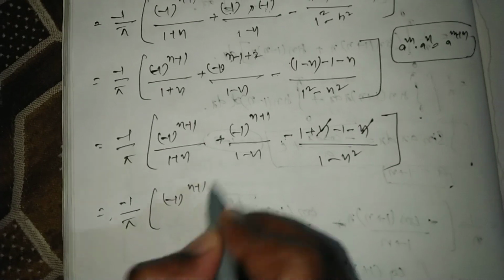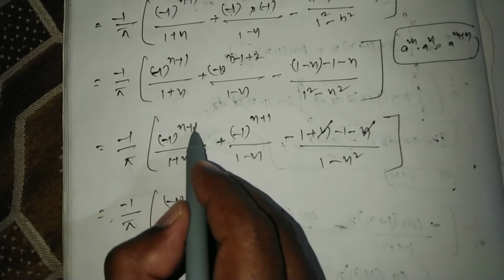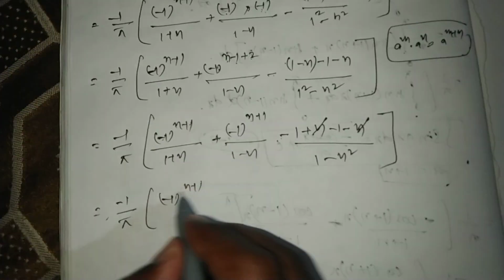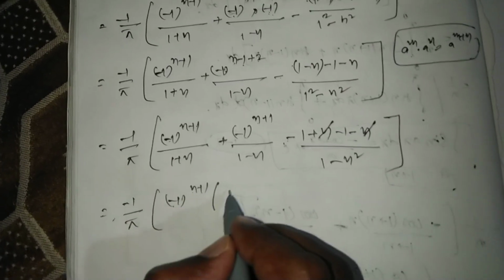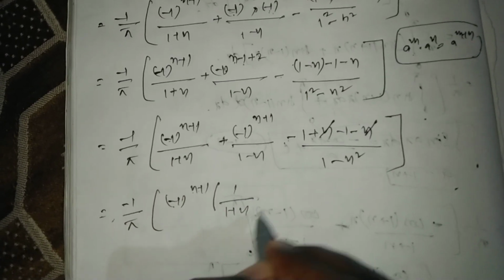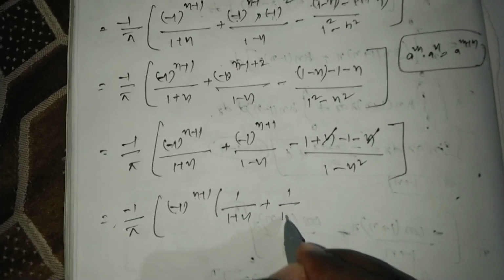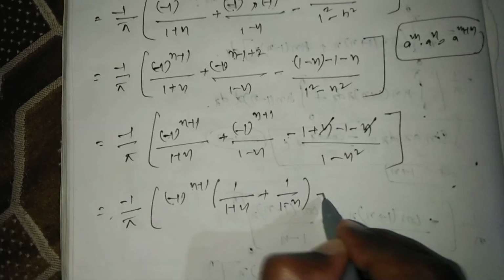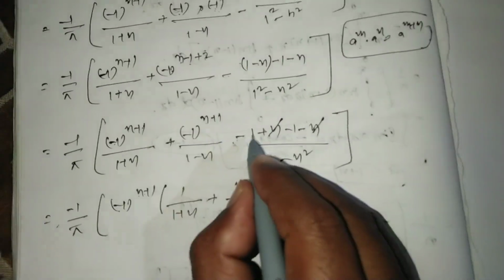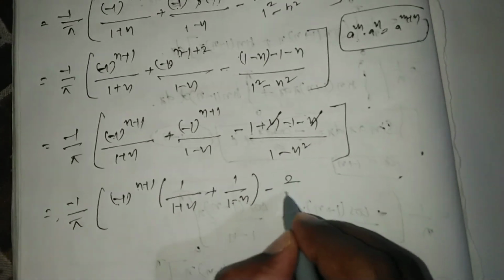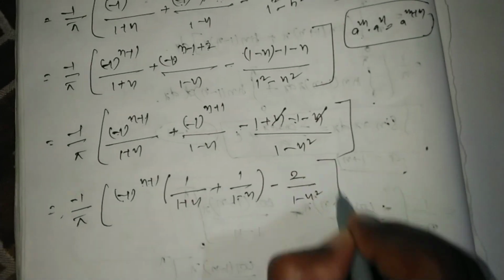See here, (minus 1) power n plus 1 is common, taking common minus 1 to the power of n plus 1, remaining is 1 by 1 plus n plus 1 by 1 minus n minus, so both have negative, so negative 1 negative 1 negative 2 by 1 minus n square.